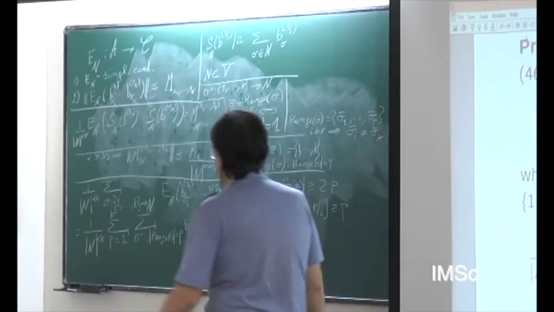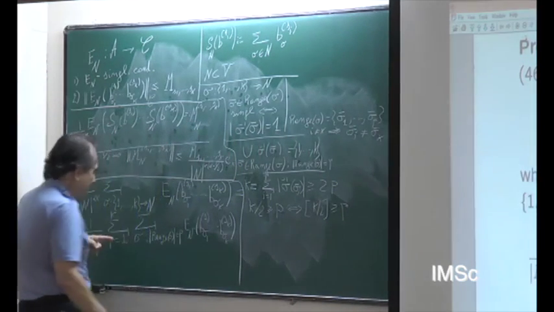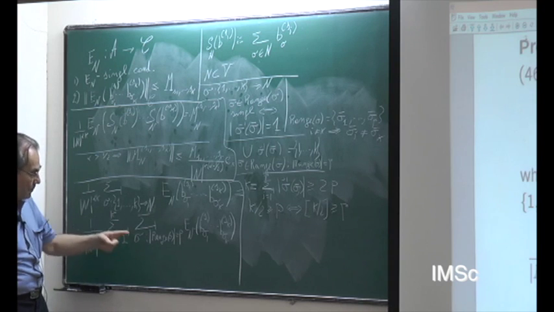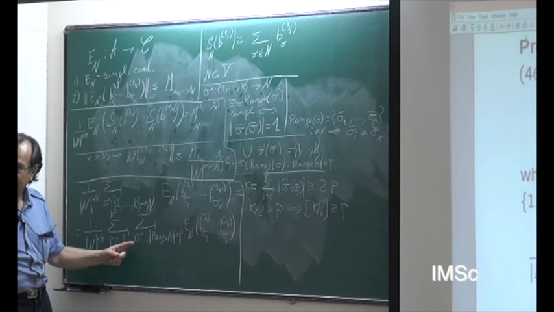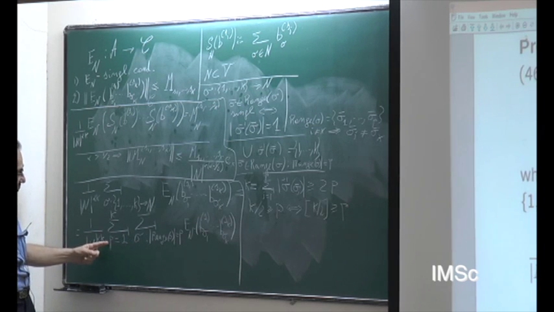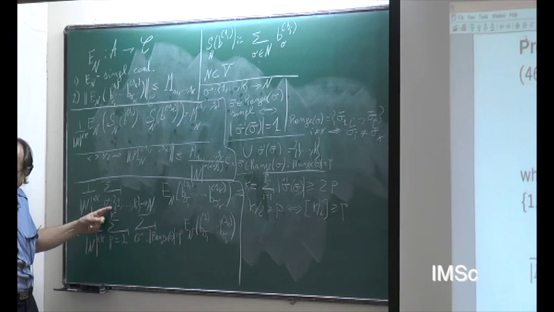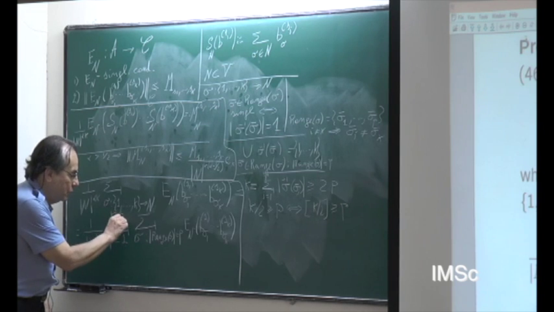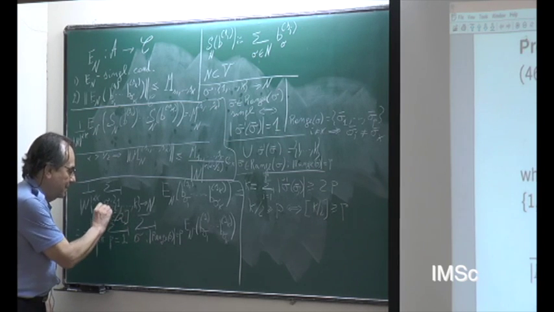Because it means that the sigma that give non-zero contribution to this sum are not all possible, corresponding to all possible p from 1 to k, but only from 1 to the integer part of k over 2.